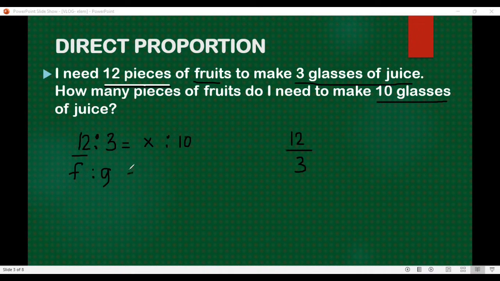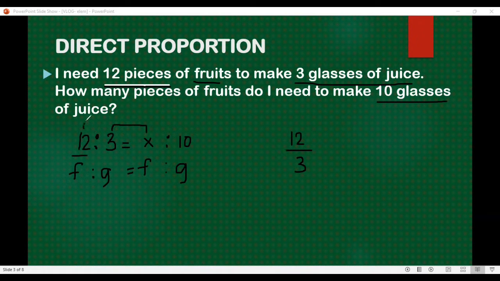Again, that's one thing that we have to remember. The number of fruits is to the number of glasses. So that should also be the same in the statement that we will be having for us to have the proportion. We can now solve this by simply using the means and extremes. Again, the means must have the same product as the extremes.